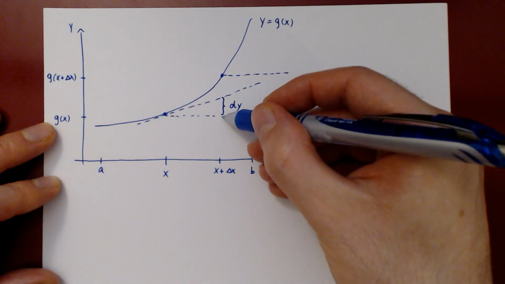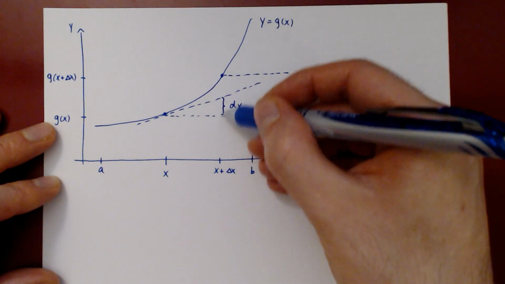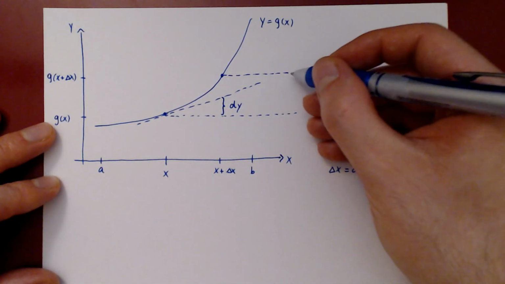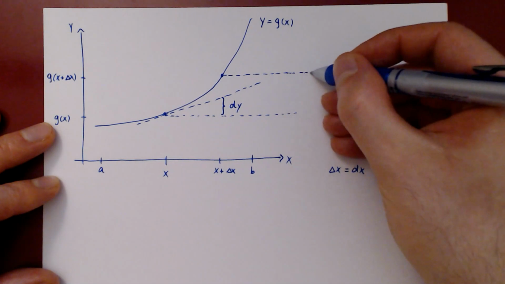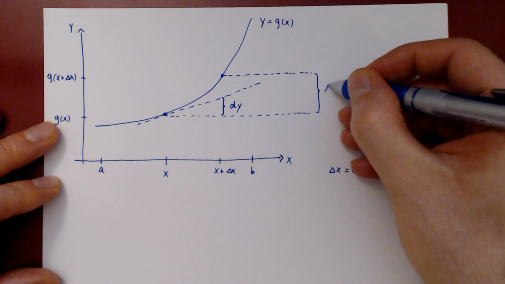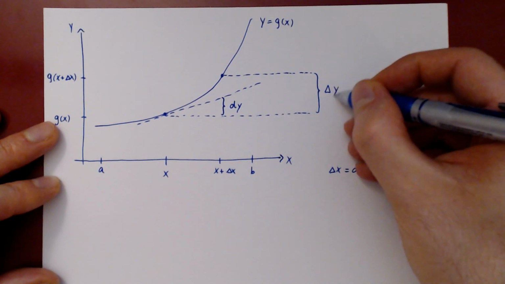And now we have the corresponding change, the exact change in the function as we go from x to x plus delta x. And we denote this by delta y.